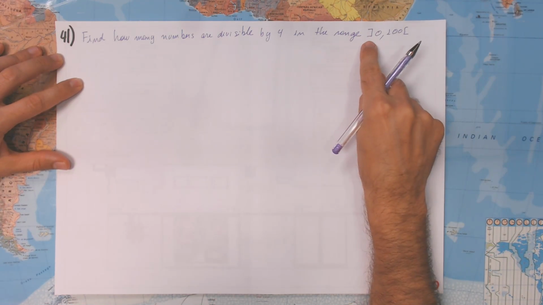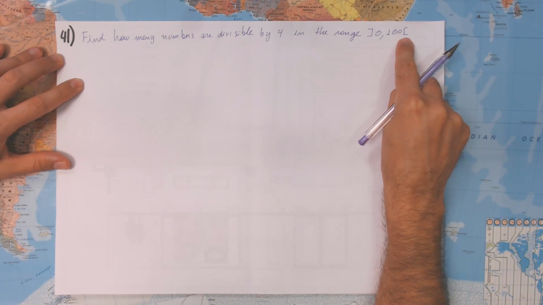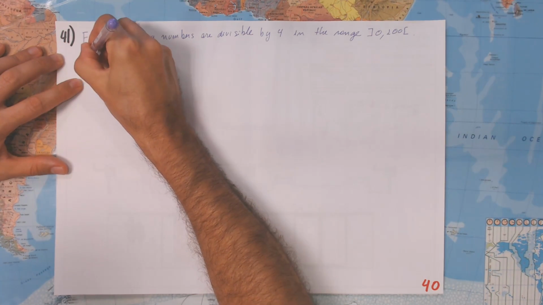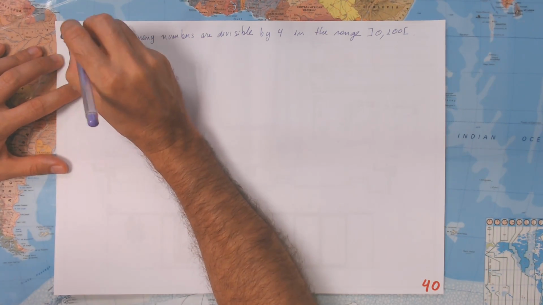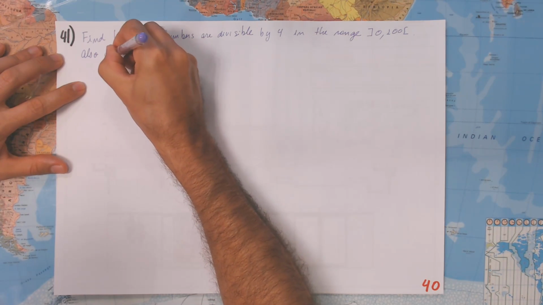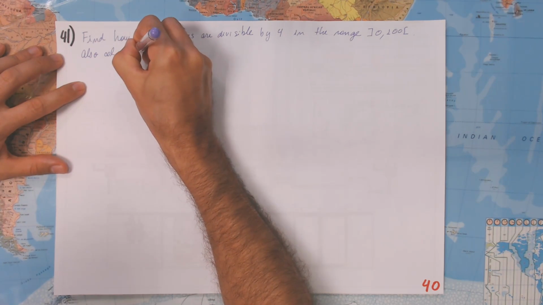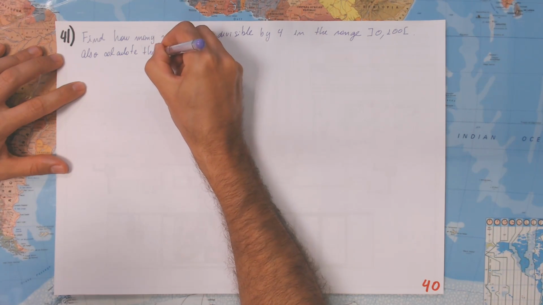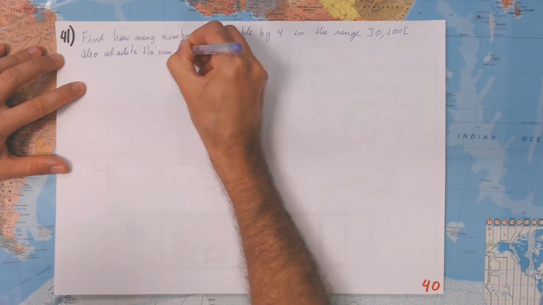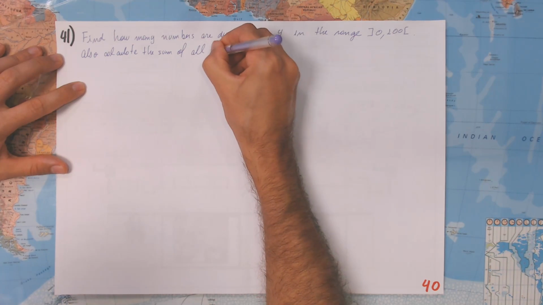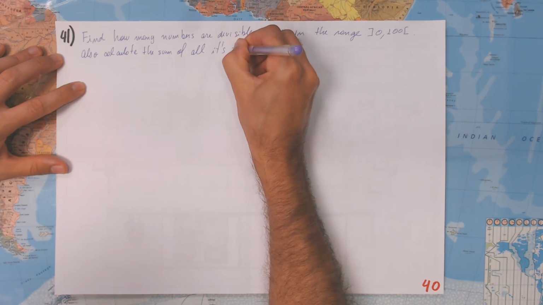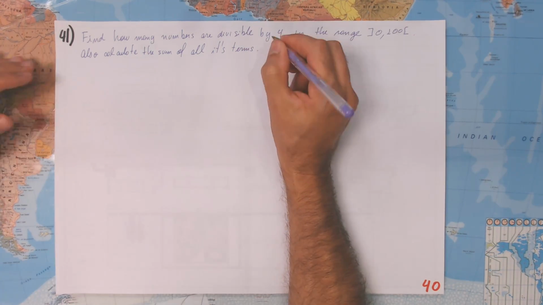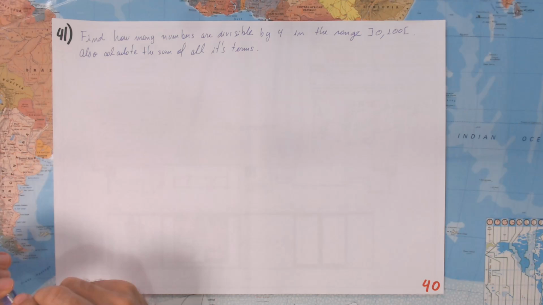I'm excluding the 0 and excluding the 100, okay? Also calculate the sum of all its terms. I just want to know, add everybody together, okay?